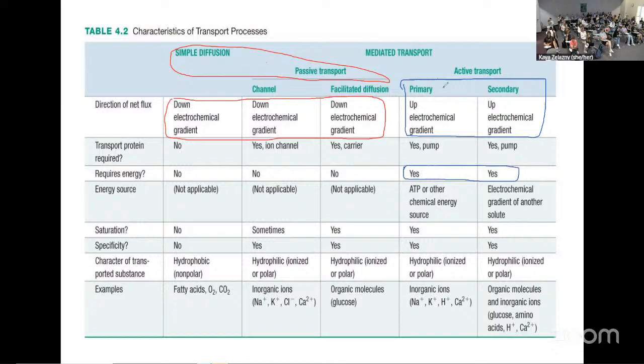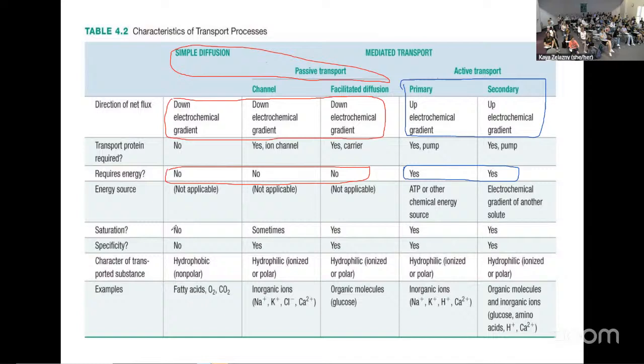That's paired up with this fact that they need to fight this electrochemical gradient. But none of our types of passive transport need that source of energy because they're going in a direction that's favorable to them. So this table also summarizes what the source of this energy is for primary versus secondary active transport. Don't need it for passive, so there's nothing there.